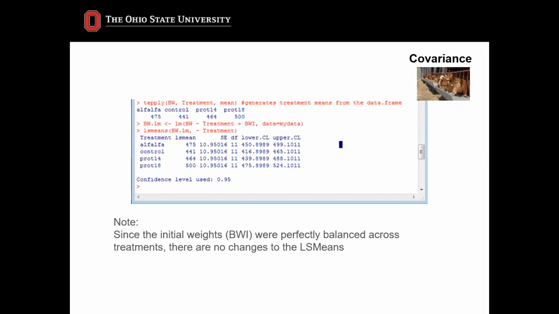So in this particular example, the benefit of the covariate has been in changing the significance of the experimental result to one of significance, whereas without the covariate it would have been non-significant. So this example contrasts with the prior example with the yields, where we didn't see a change in significance.